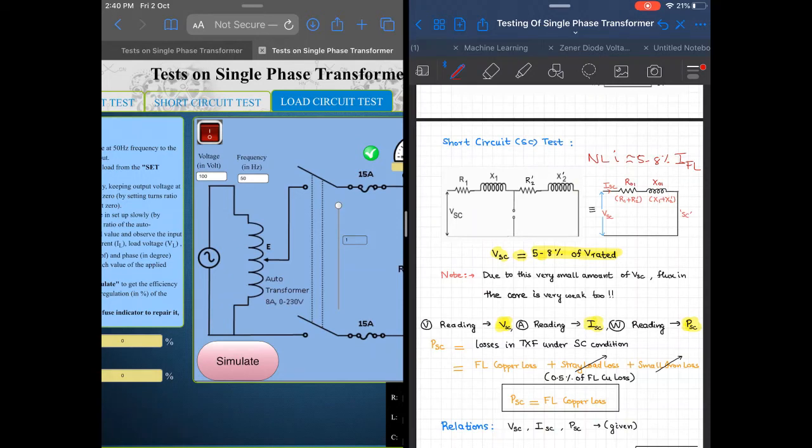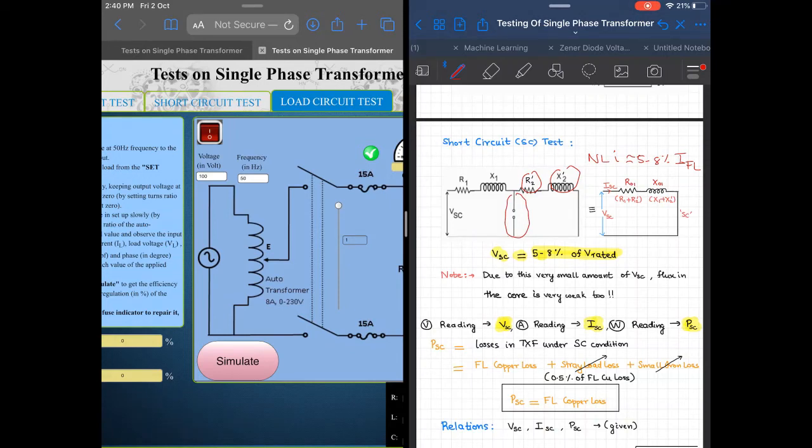That means when the rated current or full load current is flowing in the transformer, we can neglect the shunt branch parameters. So these are the secondary winding resistance and this is the secondary leakage reactance referred to the primary side.